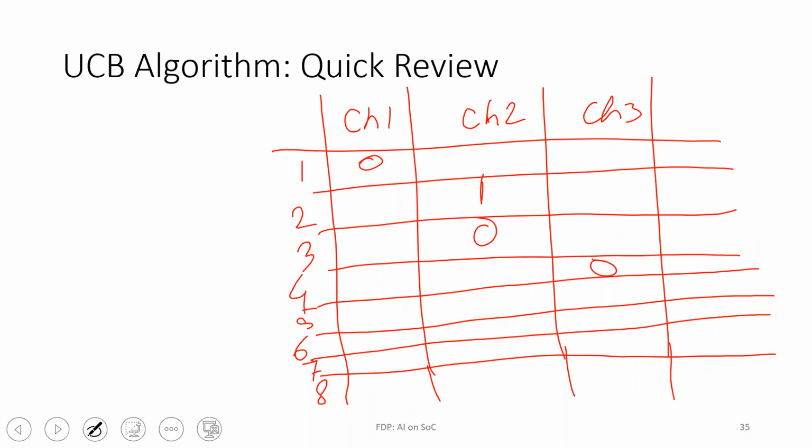There is no 4. There are only 3 channels. Okay, so I'll take 2. So 2 is the fifth. In 2 you got 1. So in the sixth time slot, what will you select? 2.